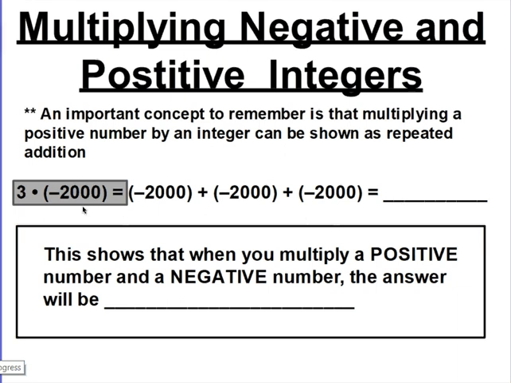So in the gray box here, you see that negative 2,000 times 3 will give you the same answer as the addition problem written right next to it. And the answer to that problem is negative 6,000. So that proves to us that when we multiply a positive number times a negative number, like in the gray box, we're going to get a negative answer, and that works for every integers problem.